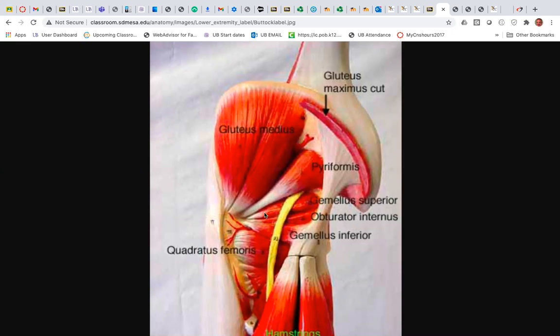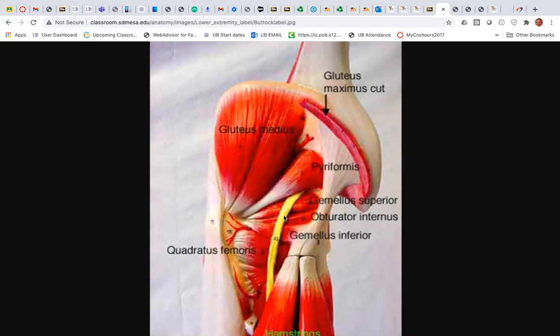So based on the direction of these muscle fibers, when you go from origin to insertion, it's going to rotate the greater trochanter externally, which points the foot and flares the foot outward, kind of like a clown walking with the feet rotated outward. You can kind of visualize that.